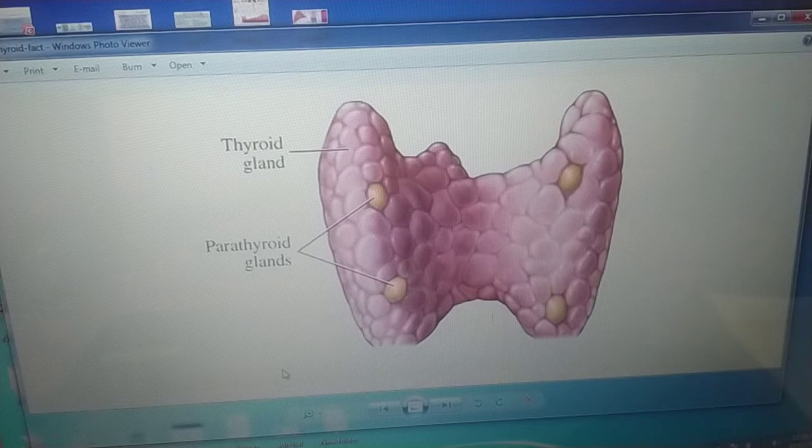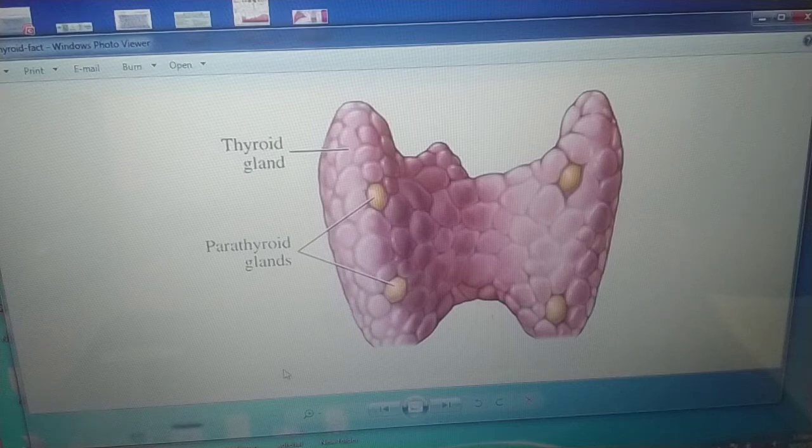The chief cells are much more numerous than the oxyphil cells. That means the chief cells are more in number as compared to the oxyphil cells. The latter are absent in young. That means oxyphils are absent in young and appear a little before the age of puberty.